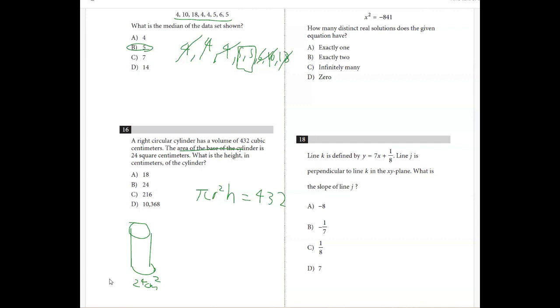So I can immediately know that pi r squared is equal to 24. So I could write this like this, and h is equal to 432 divided by 24. So that's 18. So A is correct.